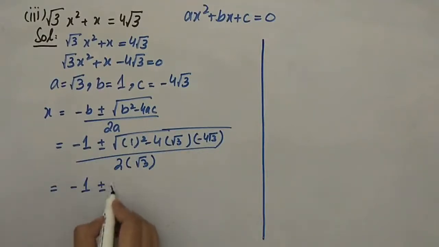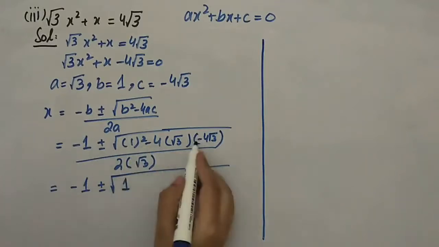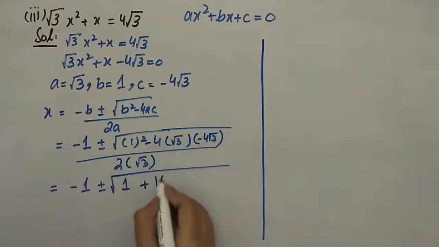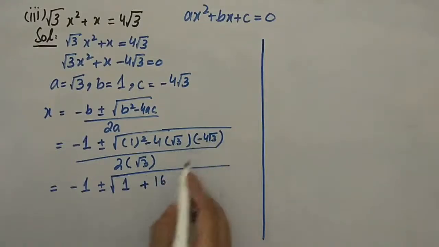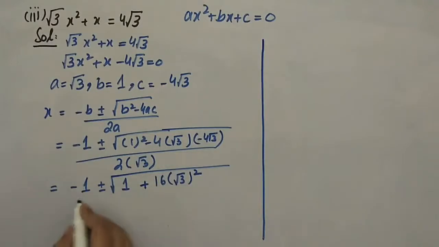Minus 1 plus minus 1 square is 1, minus minus plus 4 for the 16 under root 3 into under root 3 square over 2 under root 3. Clear?